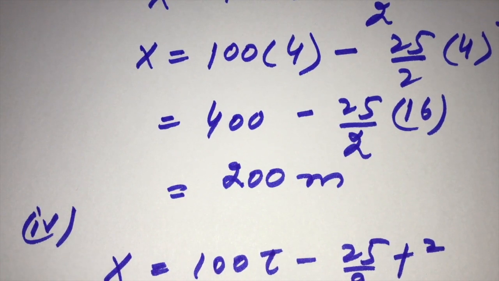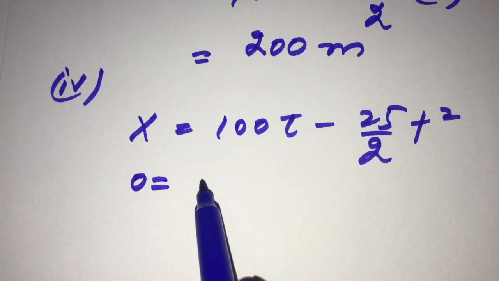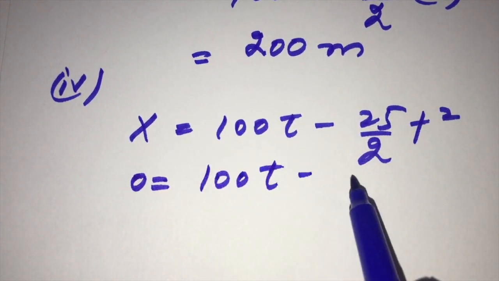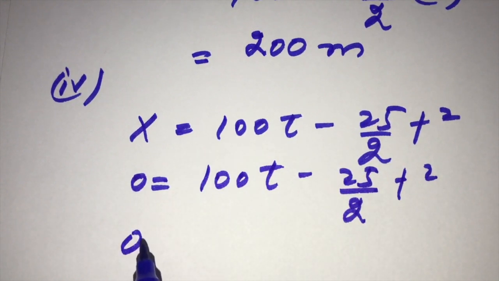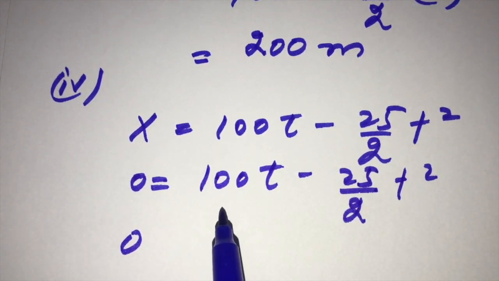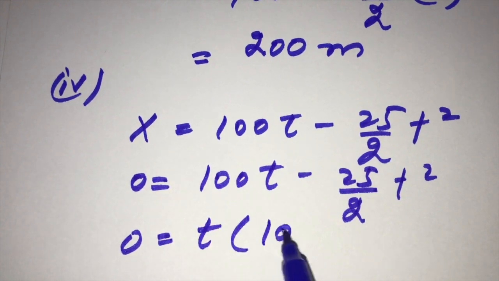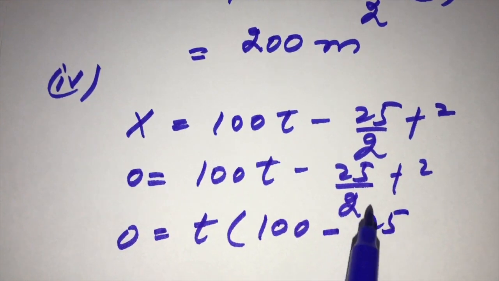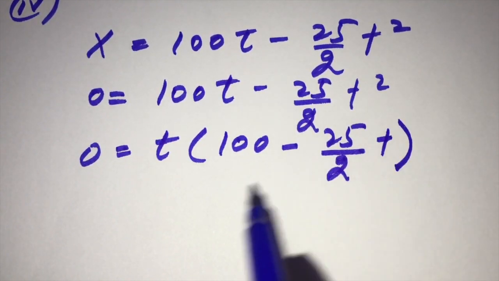So 0 is equal to 100t minus 25 by 2 t square. Take the t term common: t times (100 minus 25 by 2 t).